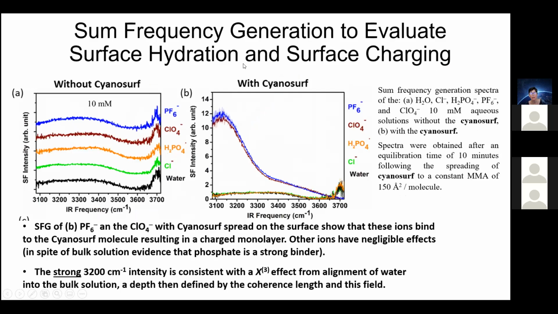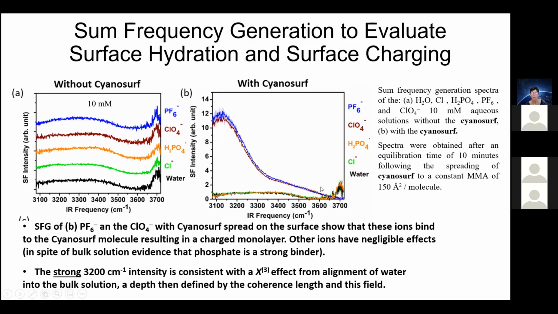But if you then spread the cyanostar on, and remember, we start with a neutral molecule, and when it binds, it becomes negative. If it becomes negative, all of a sudden you get enhancement, because now your probe depth is larger, because you have a negative surface charge and you've got water ordering below it. So it changes that lack of inversion deeper into the solution.